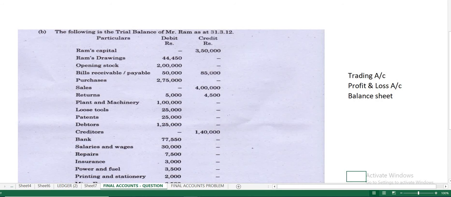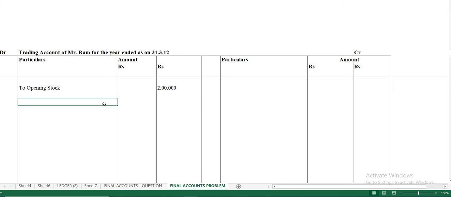Okay. So first let us enter purchases. That amount can be entered only in the first column, because if there is no purchases returns, you can straight away enter here. But purchases returns is there. Okay. So purchases returns you have to subtract from purchases.